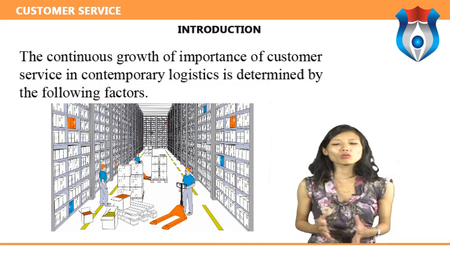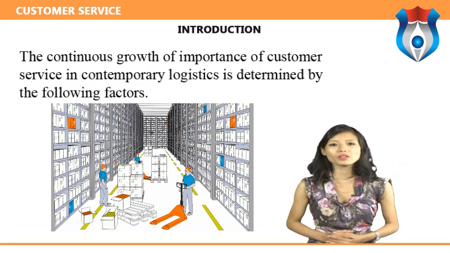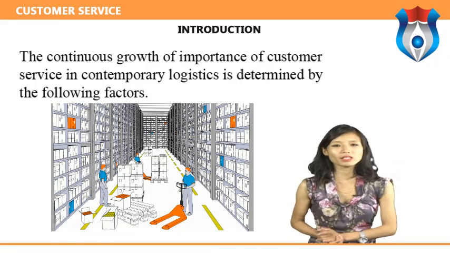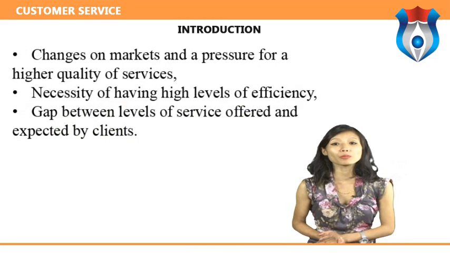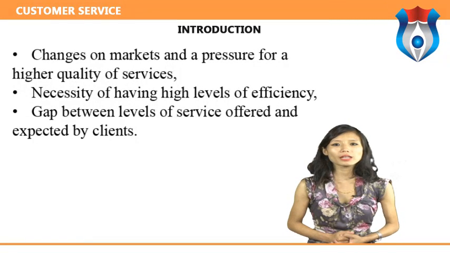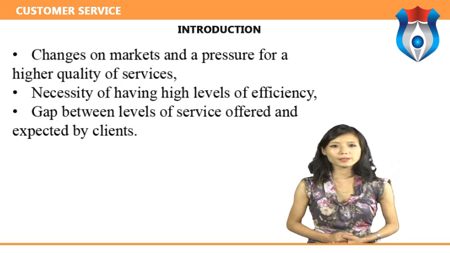The continuous growth of importance of customer service in contemporary logistics is determined by the following factors: changes on markets and the pressure for a higher quality of services, necessity of having high levels of efficiency, gap between levels of service offered and expected by clients.